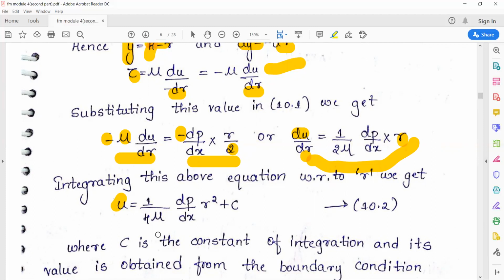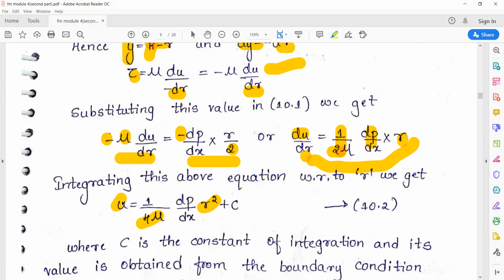Here you can see 1 by 2 mu is there, and dp by dx is there. When you integrate r dr, it becomes r square by 2. So r square by 2 into 2 has become 4 mu, so r square by 4 mu.